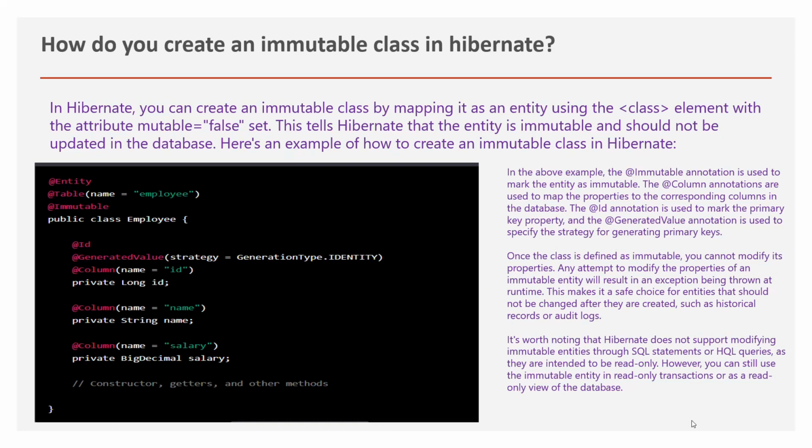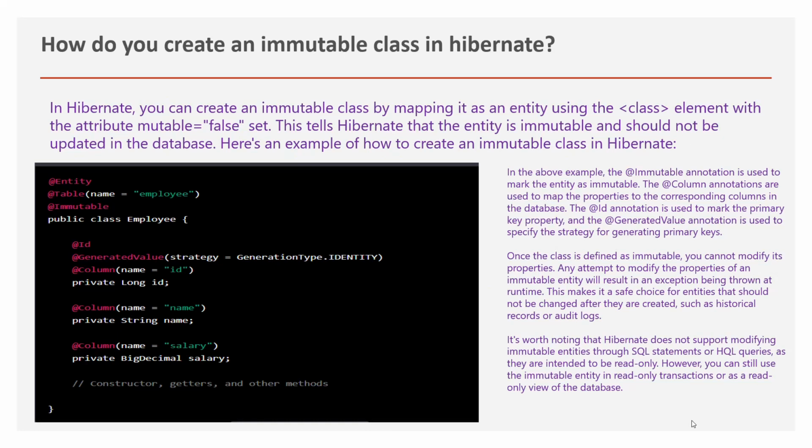In the above example, the Immutable annotation is used to mark the entity as immutable. The Column annotations are used to map the properties to the corresponding columns in the database.